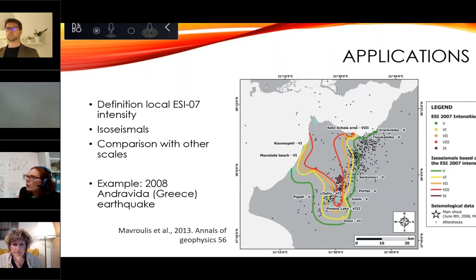So this is a very common output, a map or a table with the coordinates of localities and the isoseismal lines.